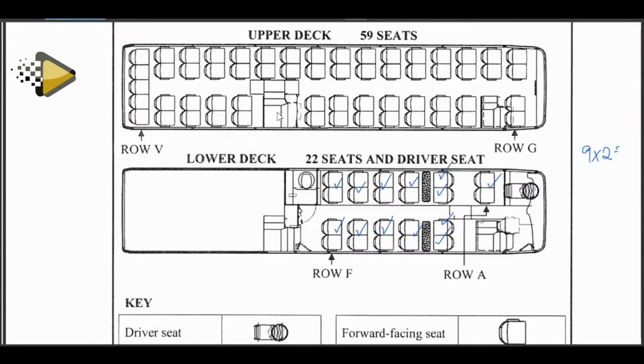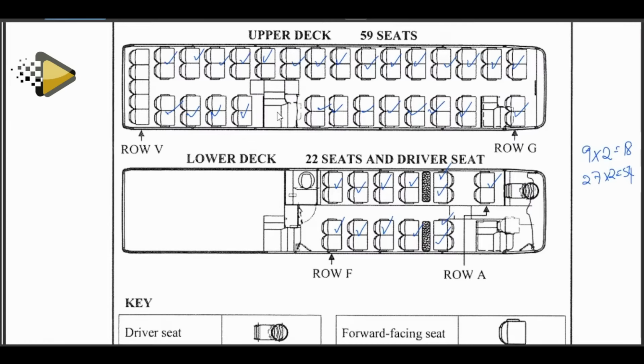And this side we have 1, 2, 3, up to 27. 27 times 2, this is 18, 54.